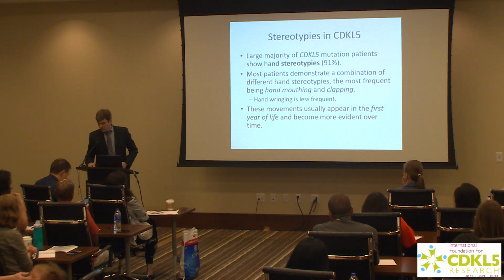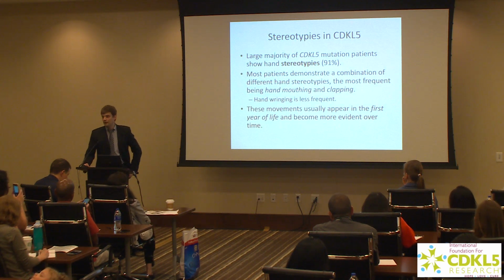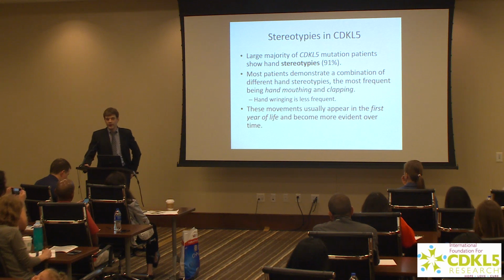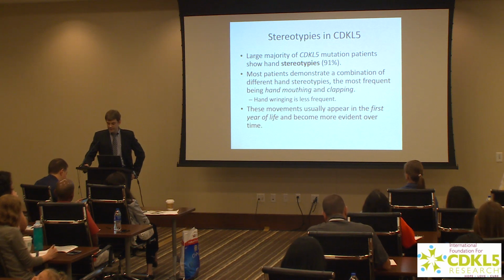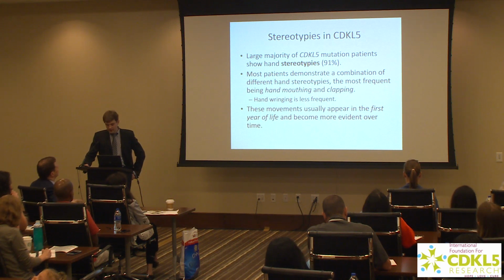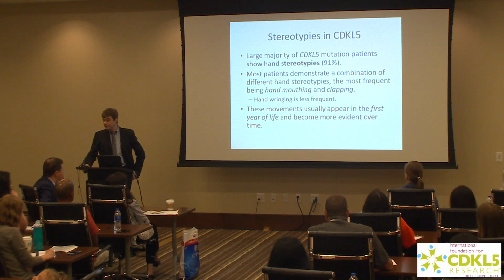So what are the most common movement problems that you encounter in CDKL5 syndrome as we know of yet? Hand stereotypies occur in almost all children with CDKL5 syndrome, 91%. Most patients demonstrate a combination of different hand stereotypies.